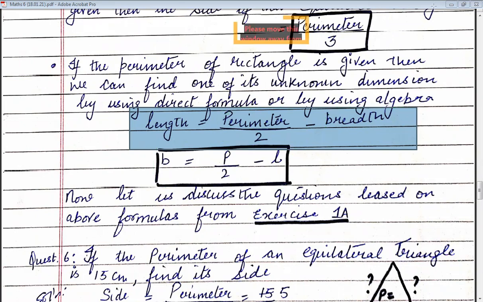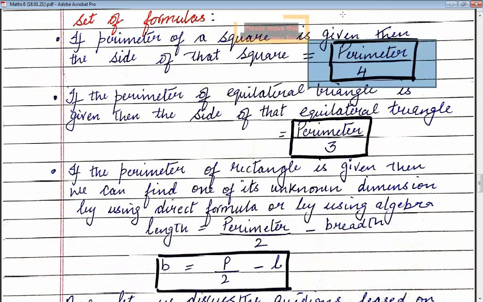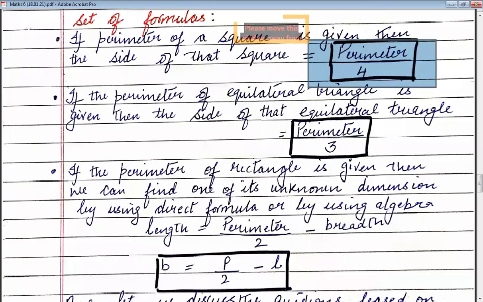Now children, if you have to find the side of a given square, then the formula is perimeter divided by 4. And now, if you have to find the side of the equilateral triangle, then the formula is perimeter divided by 3.